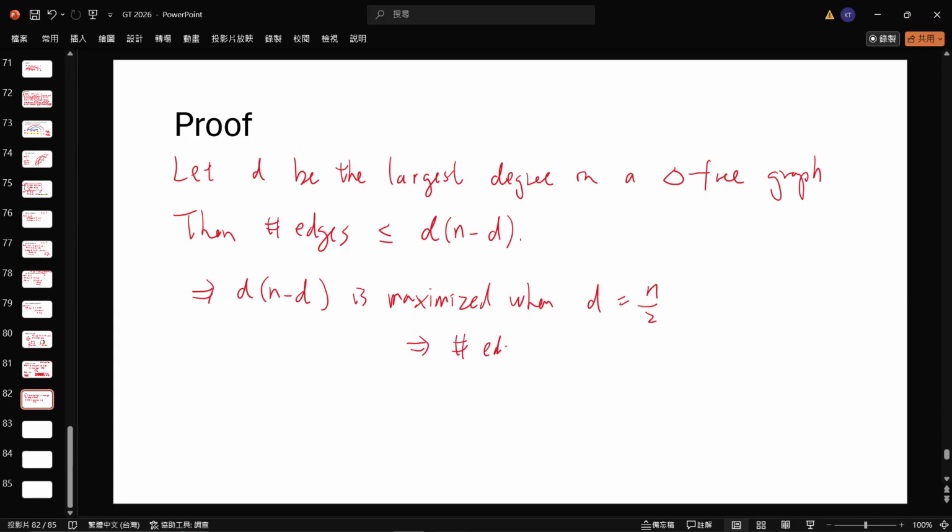So the number of edges is at most (n/2) squared.